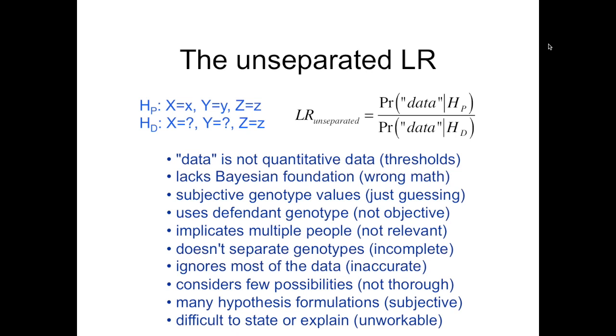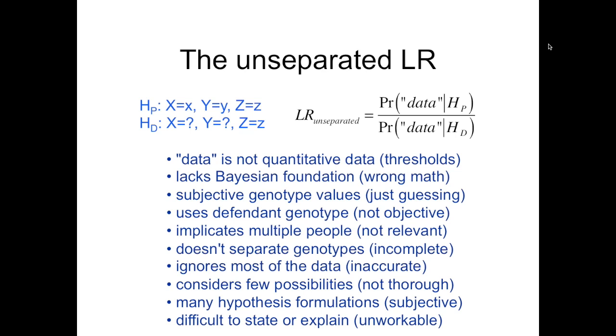So there's a proposition that the random variable X has the value of one person, and the random genotype value Y has little y, the value of another person, and Z is another person with a value. And in the denominator, two of the values are unknown, one's unknown, and then the likelihood ratio of this unseparated data is the probability of data given the prosecutor's hypothesis divided by the probability of data given the defense hypothesis.